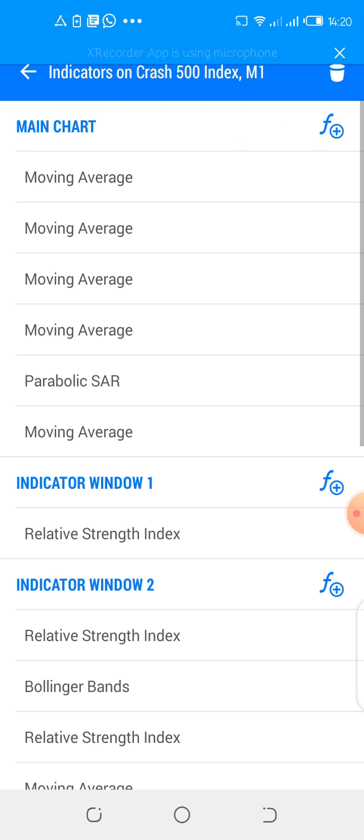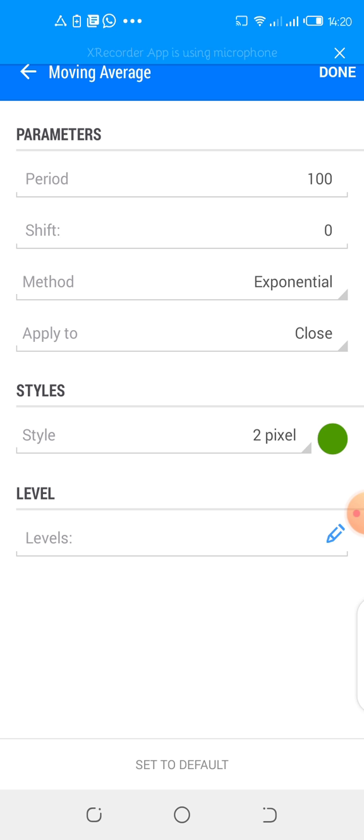The third moving average that I've added is moving average 100. For the normal market maker we use 200 and then 800, but now since I'm using it mostly for spikes, I've downgraded the moving averages to come lower.